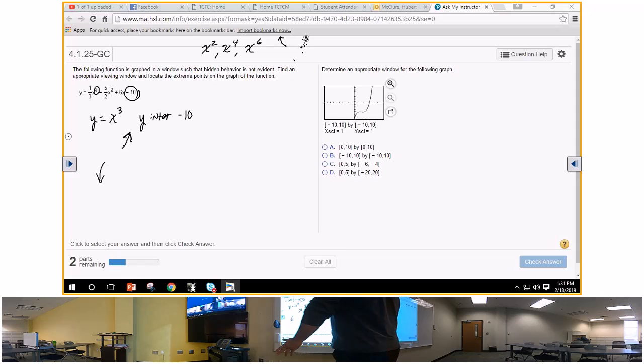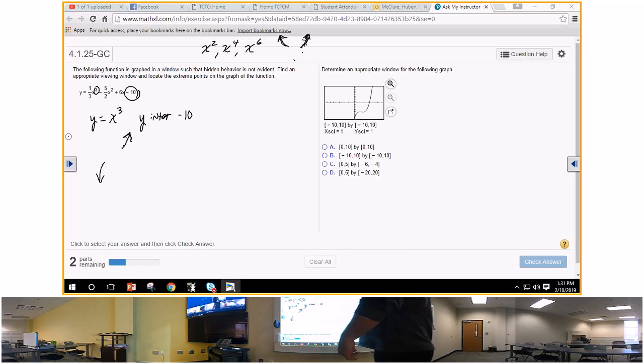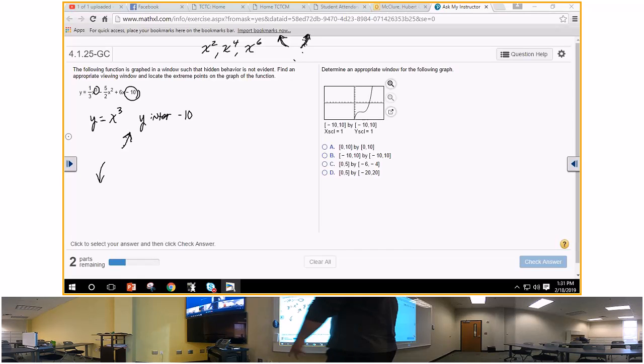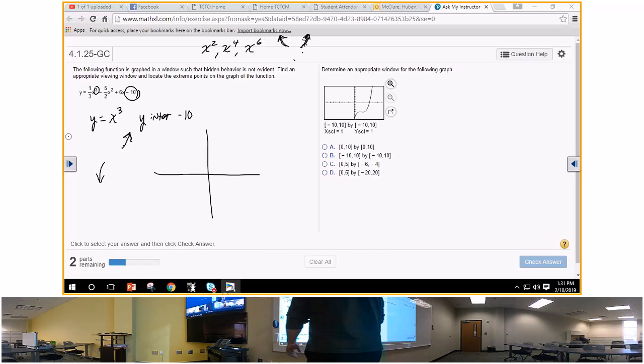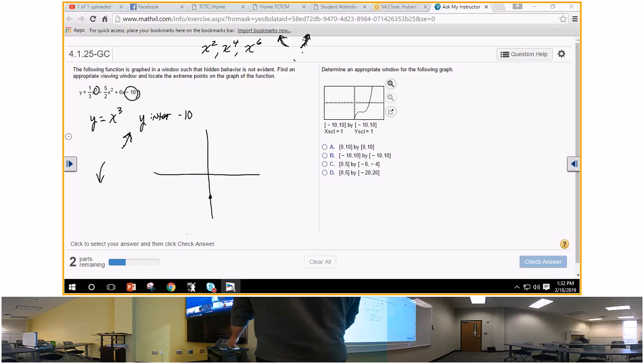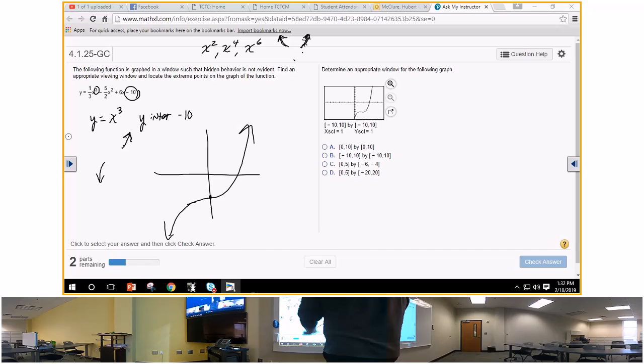So I'm just going to draw a graph by hand. The only thing you can do is mark -10 like that, and maybe it looks something like that. That's the only thing that you can tell by hand.